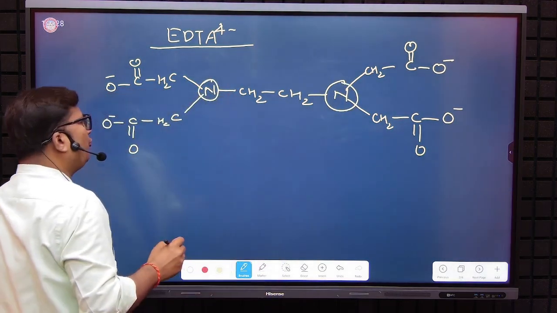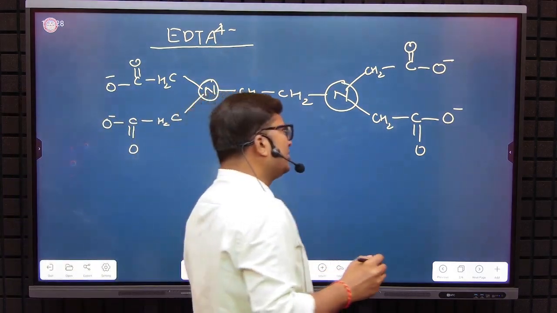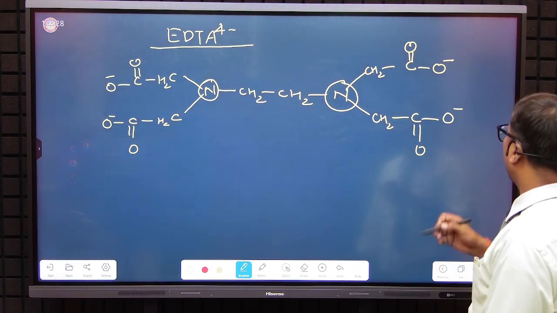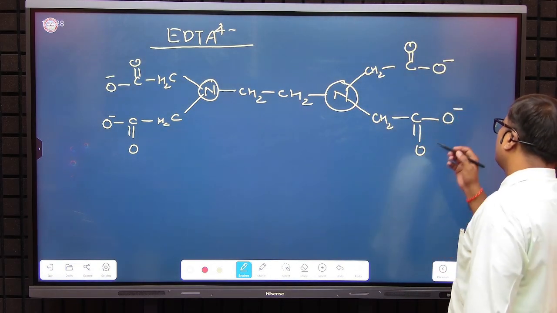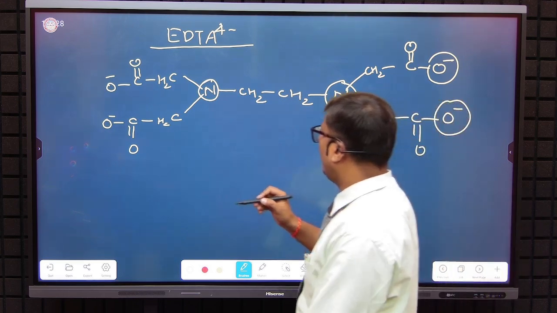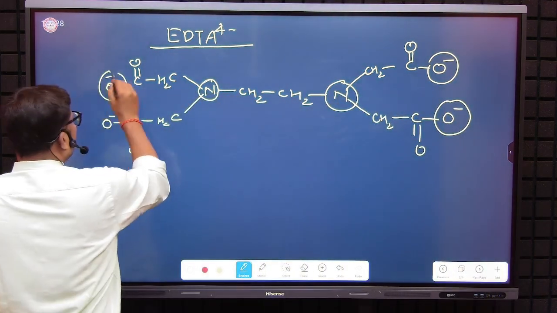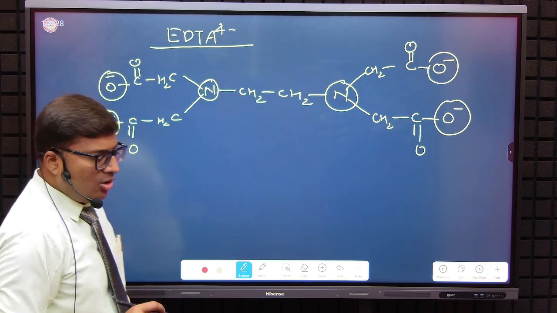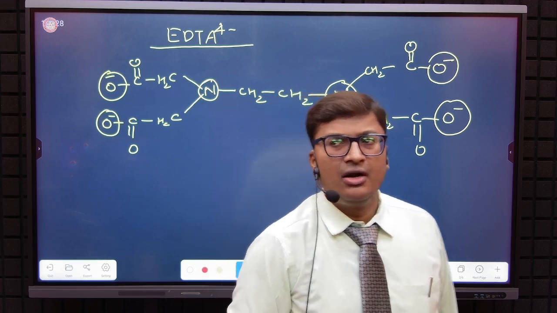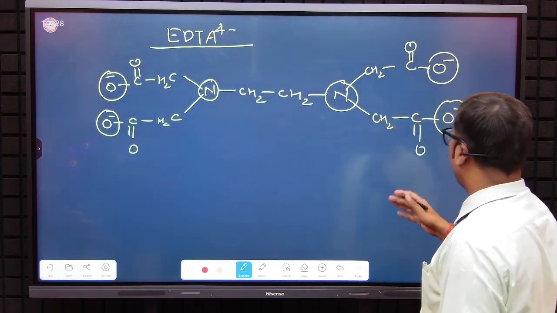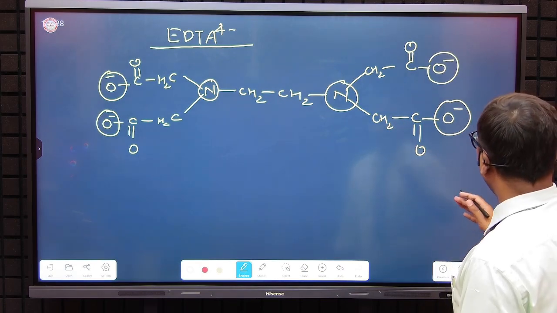In spite of these 2 nitrogen donors, it has 4 oxygens as negatively charged. So that is O minus, and this is also O minus, and this is also O minus, and this is also O minus. So here 4 oxygen atoms are present as O negative charge.